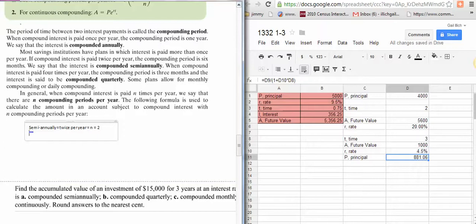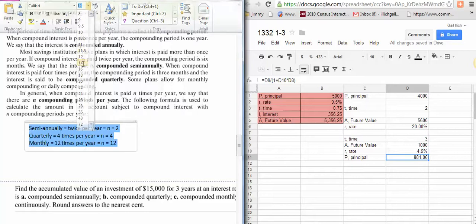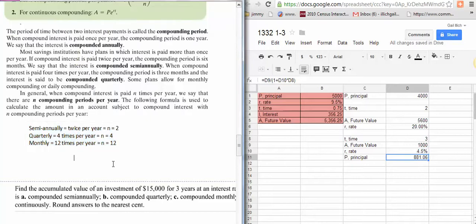Quarterly is equal to 4 times per year, so your n is equal to 4. Monthly, I bet you can do that one, is equal to 12 times per year, so that means n is equal to 12. And then annually, n is equal to 1 because it's just once a year. Let me make this a little bigger for you. Those are just a little notes for you.